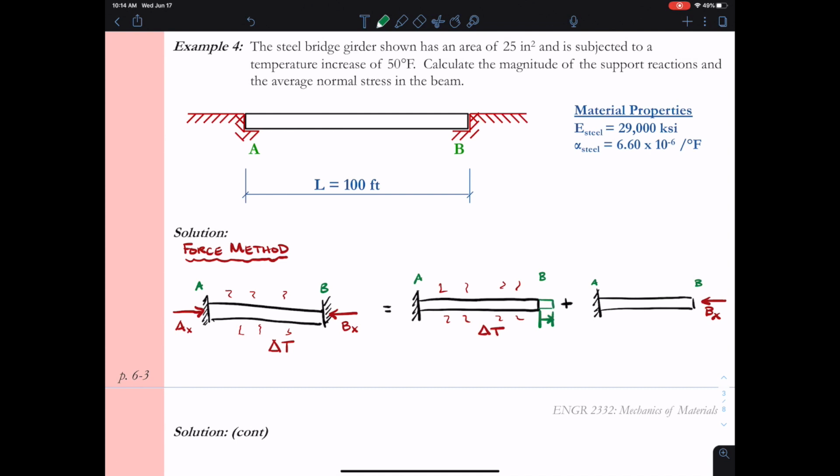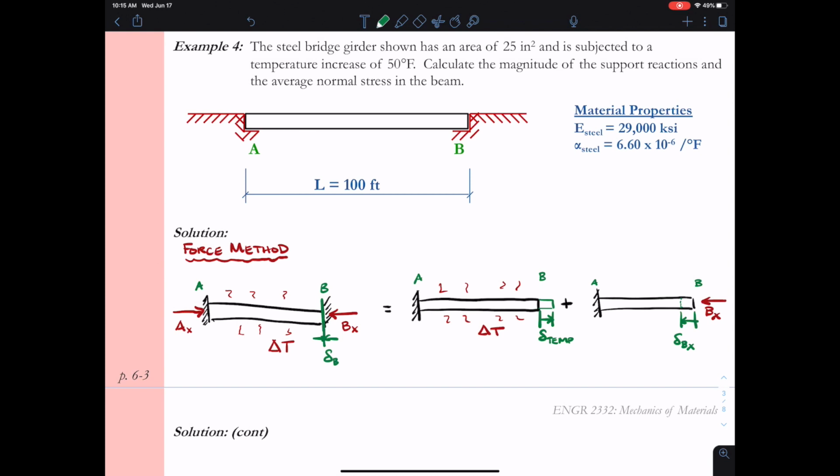In the case of a temperature increase where the bar is free to expand, we would expect the beam to get larger and expand to the right, a distance that we'll classify as delta temp. With regards to the reaction at B, I would expect the beam to compress when a reaction acting to the left at B pushes on the beam.